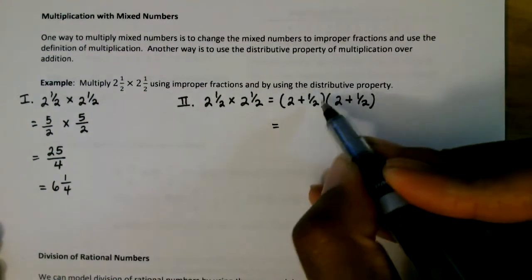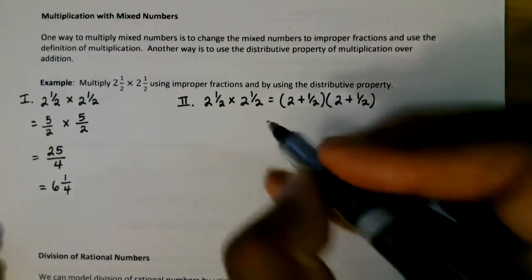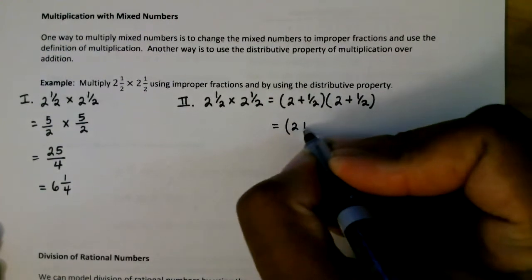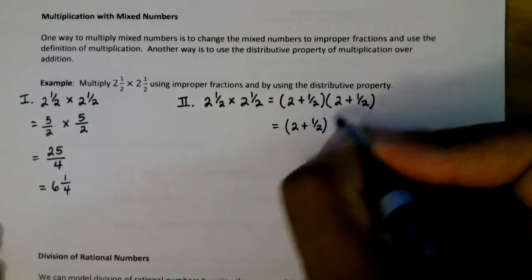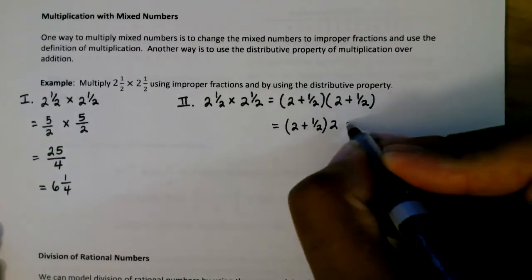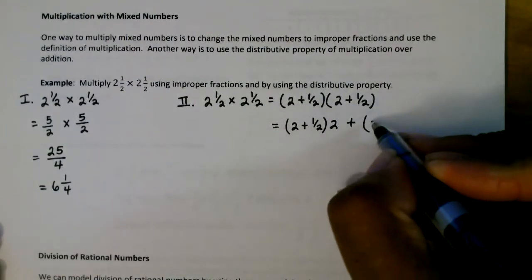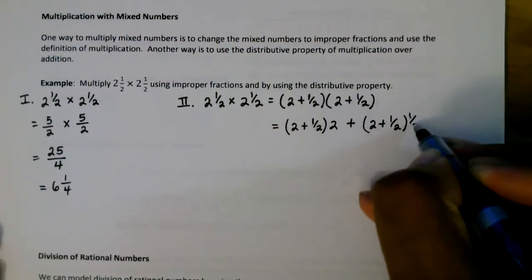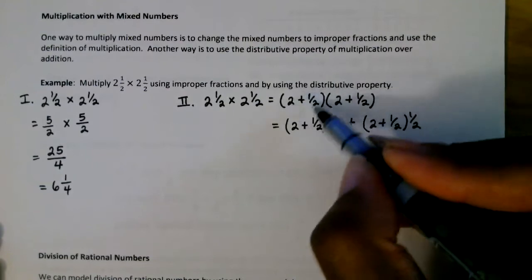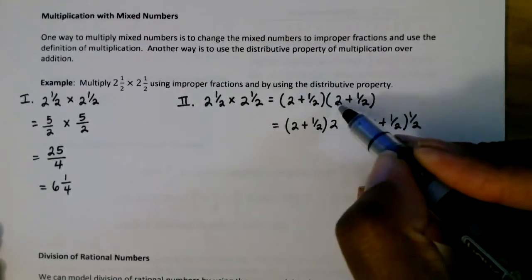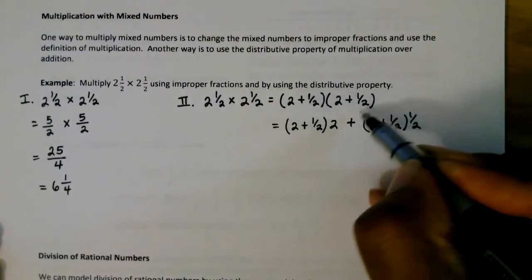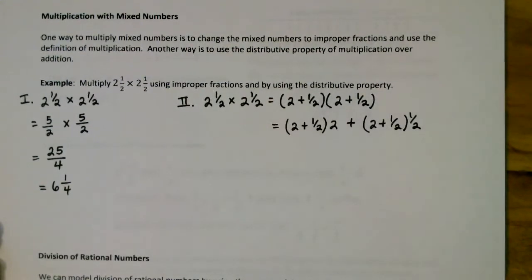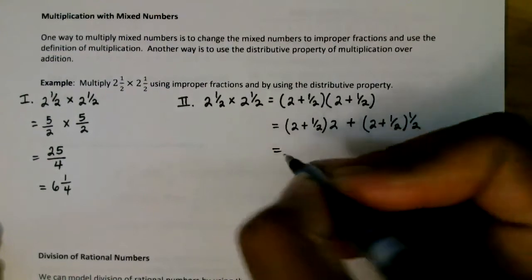This 2 plus 1/2 will be multiplied by 2. So I'll take 2 plus 1/2, that'd be multiplied by that 2, plus that same 2 plus 1/2 will be multiplied this time by 1/2. This multiplied by the 2, this multiplied by the 1/2. That's the distributive property. And then I'm going to use the distributive property again.